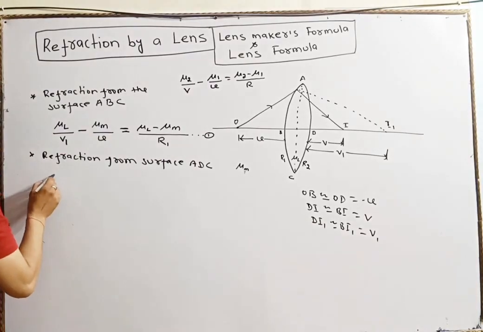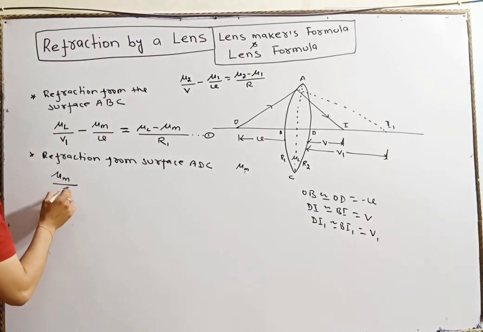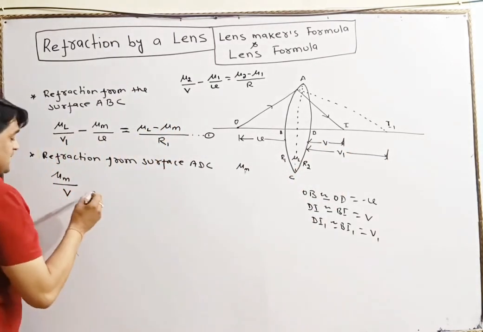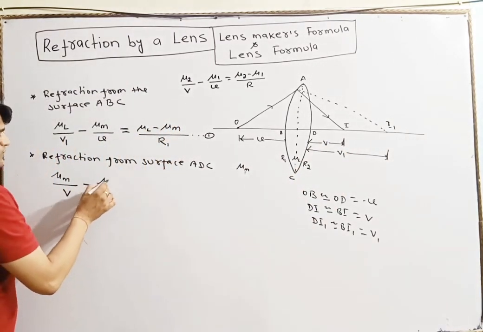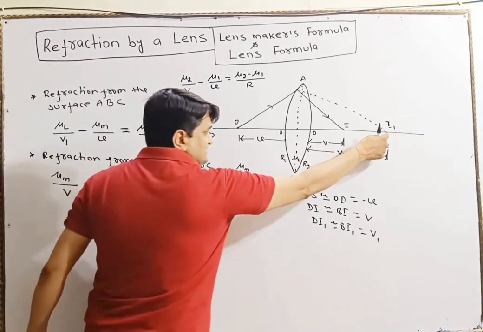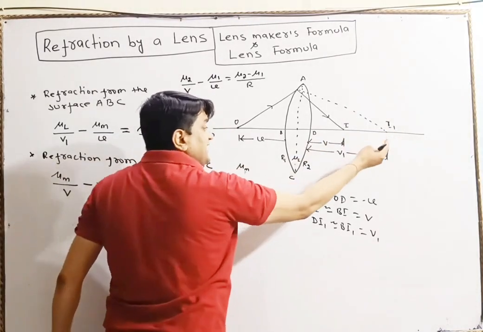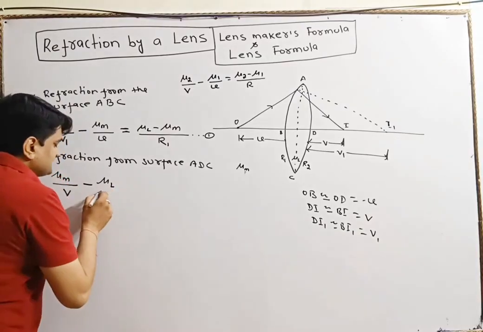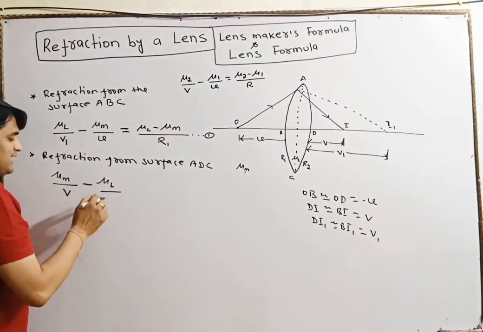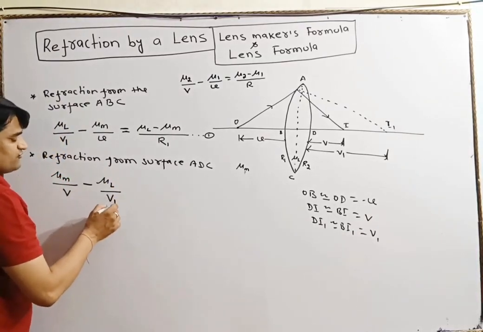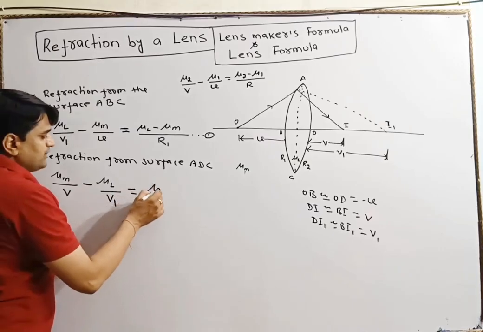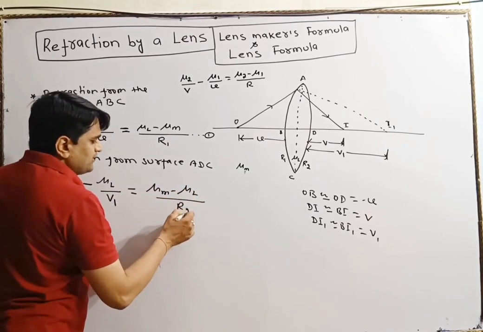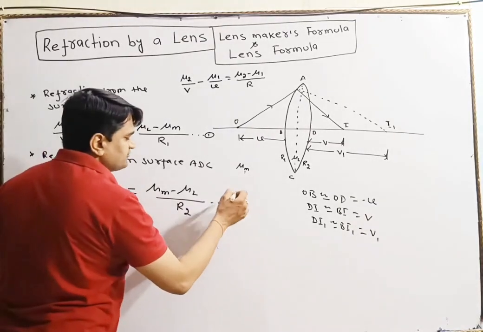So the final image is formed in mu M and it is V. This is mu M upon V, minus mu L upon V1, because this image I1 acts as an object for surface ADC and it is in medium mu L and its distance is V1. So that equals mu M minus mu L upon R2. Let it be equation number 2.